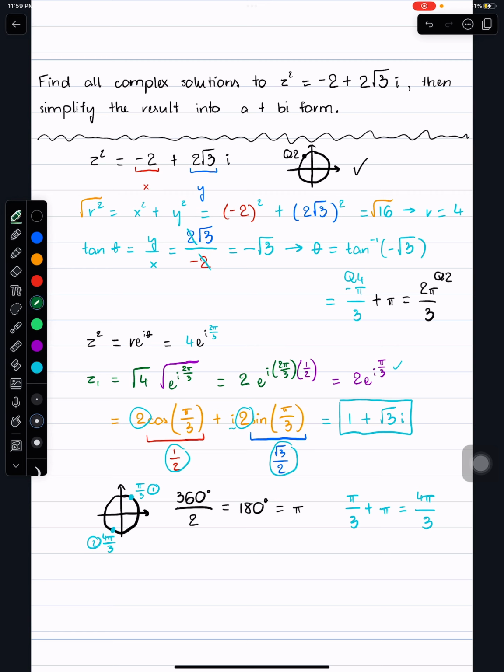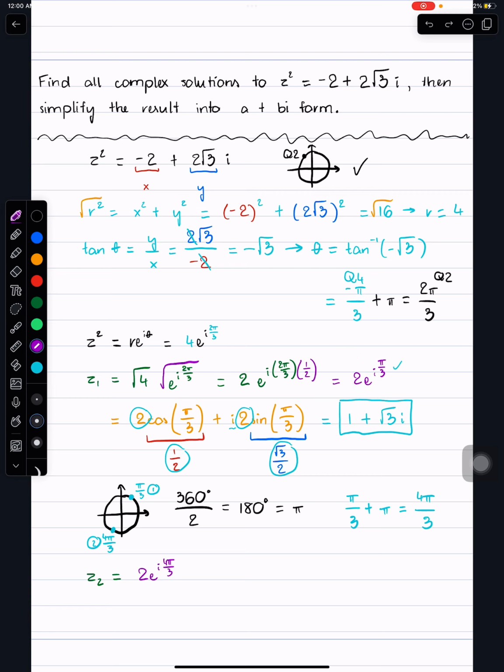We're going to go Z2 equals, the radius would be 2. And then e and an i, and a new angle in here, it would be 4 pi over 3. Okay, so we're doing everything the same at this step in here, but we're changing only the angle because they should be pi apart from each other for the square root.